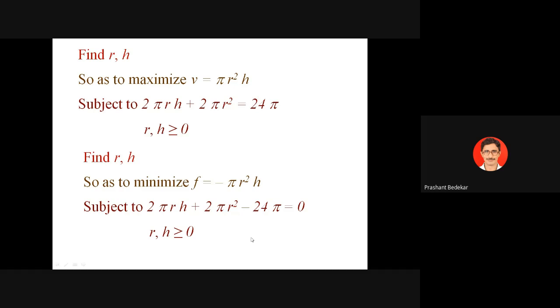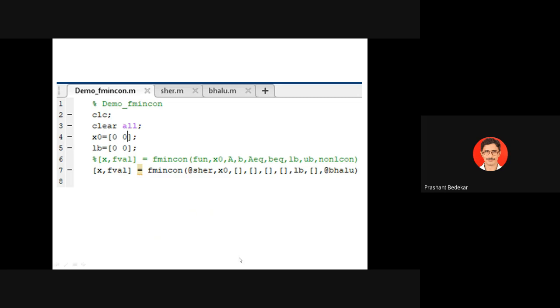Neither do we have a linear equality constraint, nor any linear inequality constraint. So in place of that, bracket open close for A and b, similarly for Aeq, beq. Why? Because we have to define further things. And as we have to define further things, earlier things cannot be skipped. आप छोड़ नहीं सकते. As per the syntax, you have to specify them, but they are not there. So simply say bracket open close, and so on.